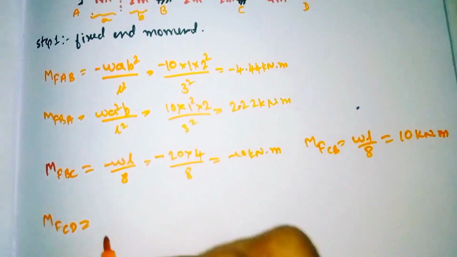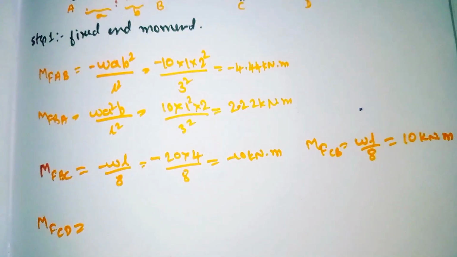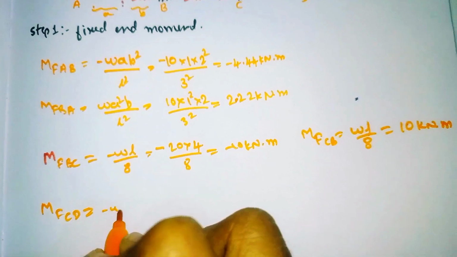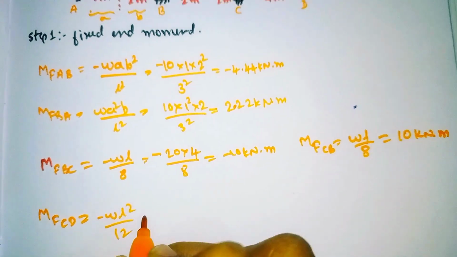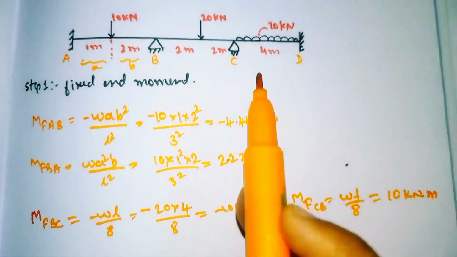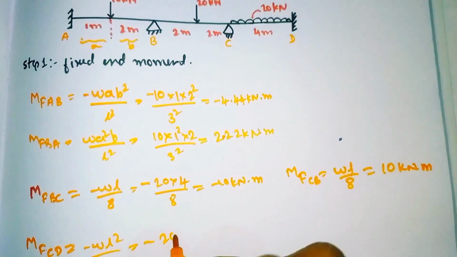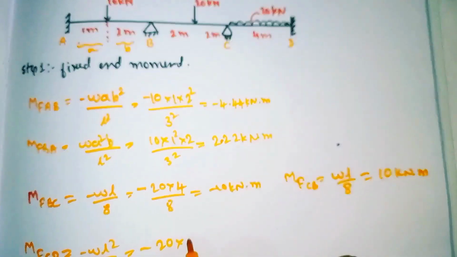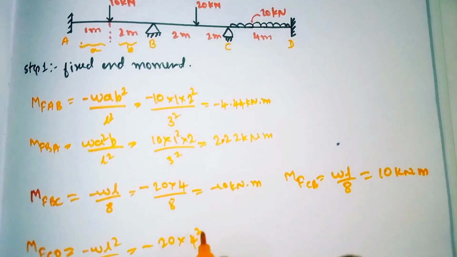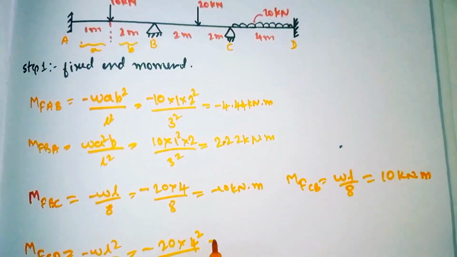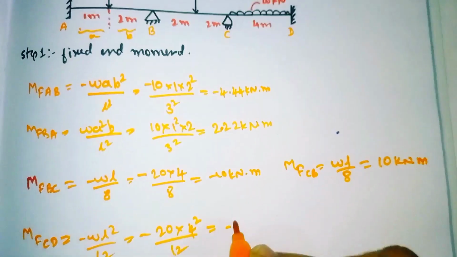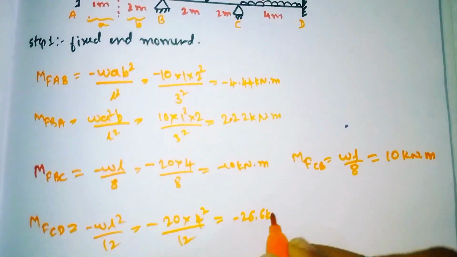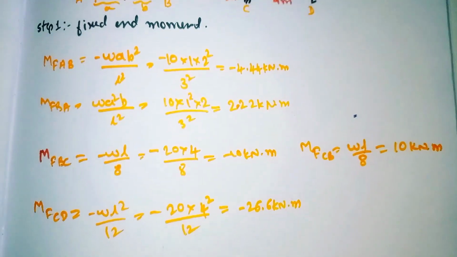By using this formula we will calculate the fixed end moments for span CD. So MFCD is equal to minus WL squared divided by 12: minus W is 20, our span is 4, length is 4 squared, divided by 12. So it will come out as minus 26.6 kilonewton meter.